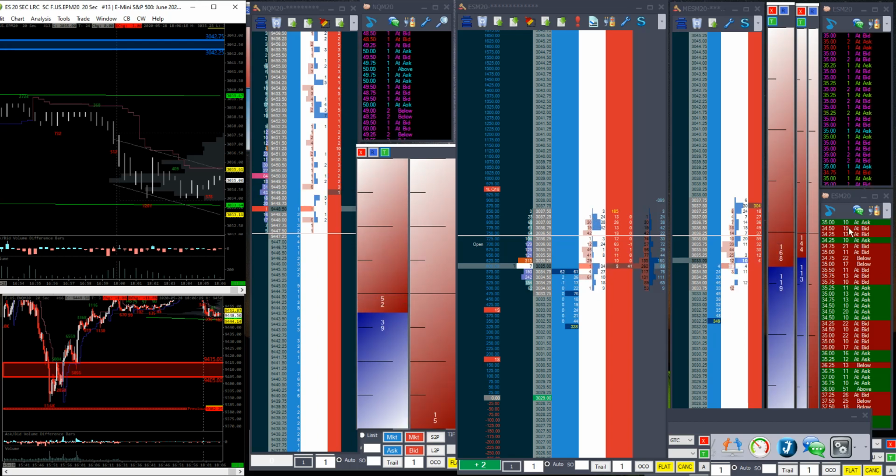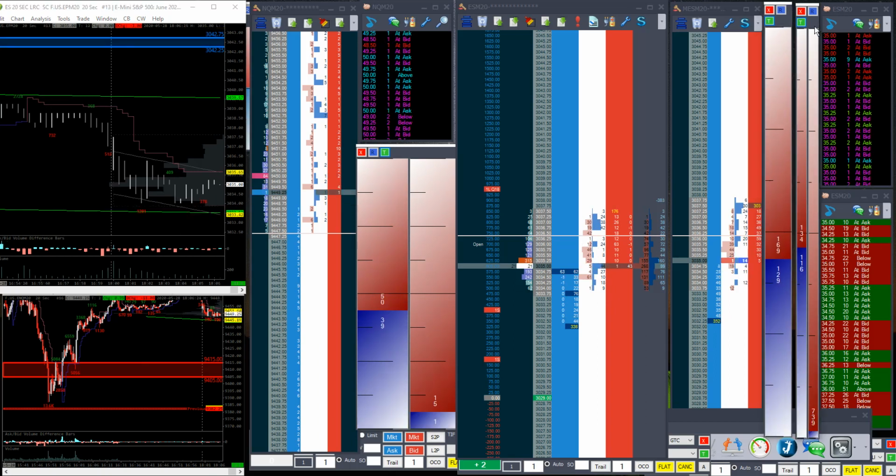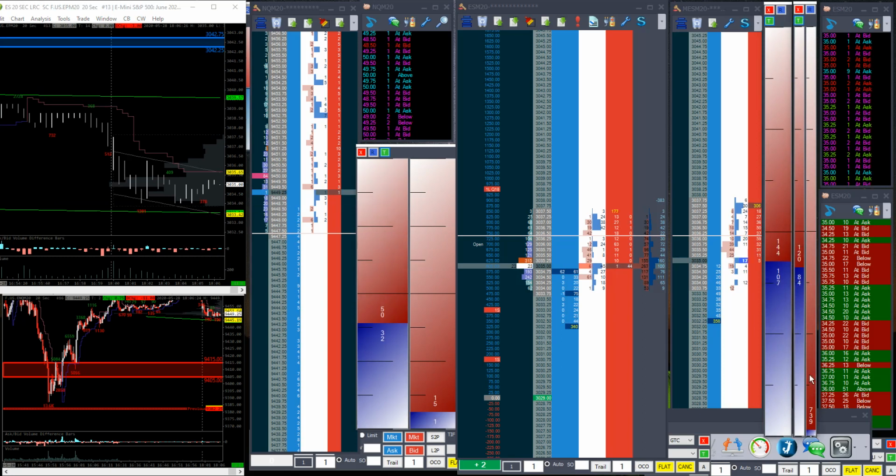This is the tape, called the reconstructed tape. Jigsaw has features where you can put power meters to see short term who's in charge. Is it the sellers, the buyers? Here, short term, this is a 10-second meter where in the last 10 seconds the sellers were in control. And then I've got a 30-second and a 2-minute where I filter out the blocks and the trading.